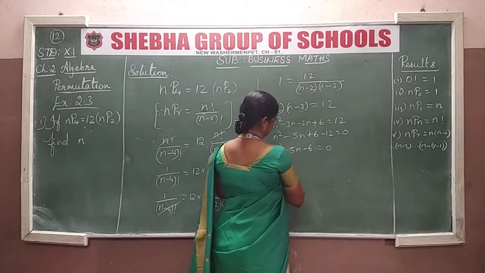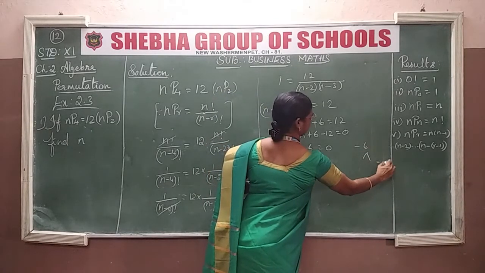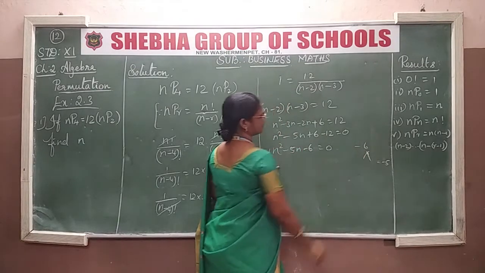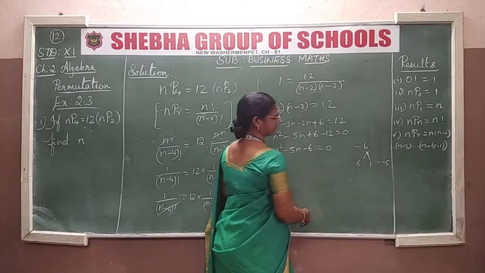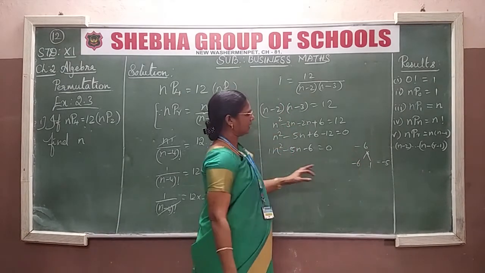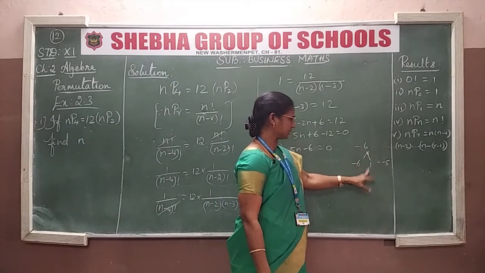Factorizing this, multiplying 1 into minus 6 is equal to minus 6, and the middle term is minus 5. Split this minus 6 into 2 factors like this. If you multiply we get minus 6 and add we get minus 5.